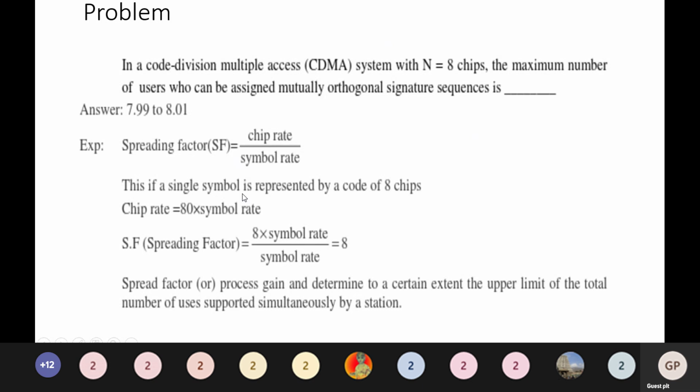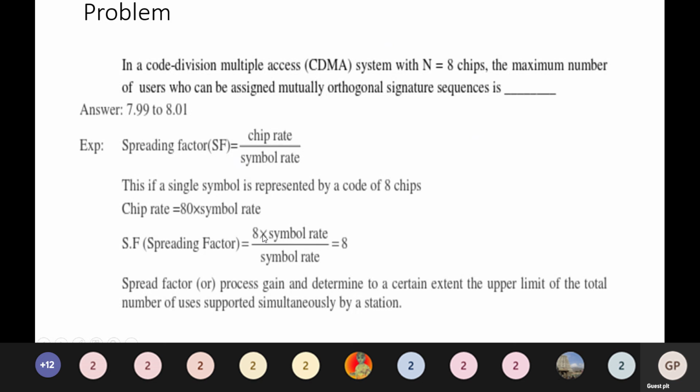If a single symbol is represented by a code of, for example, 8 chips, then the chip rate is equal to the symbol rate times the number of chips.